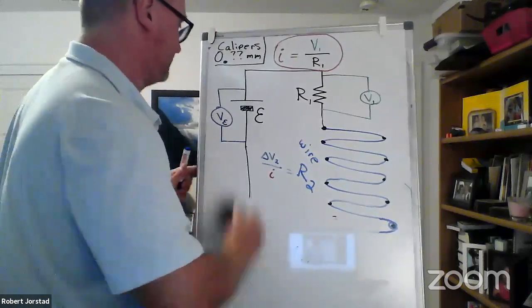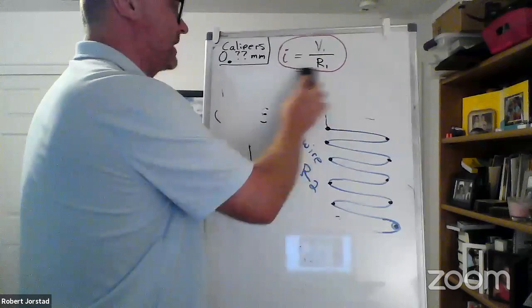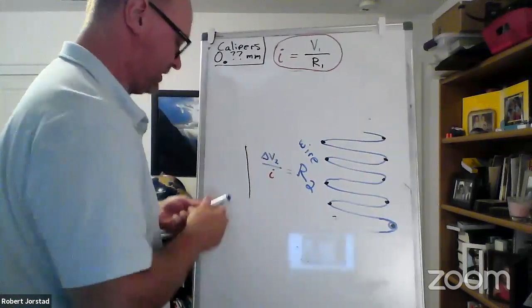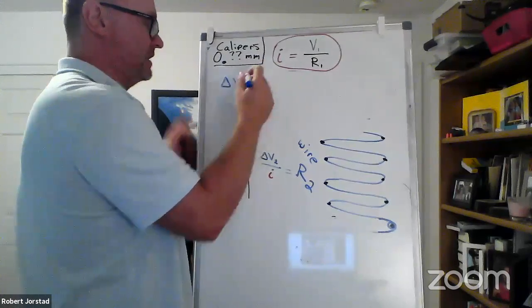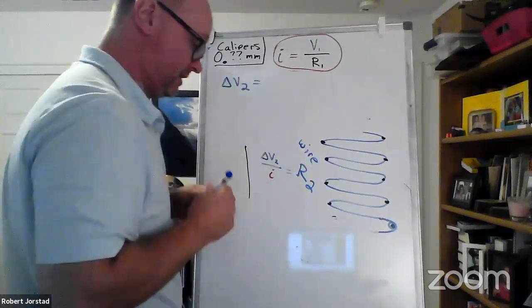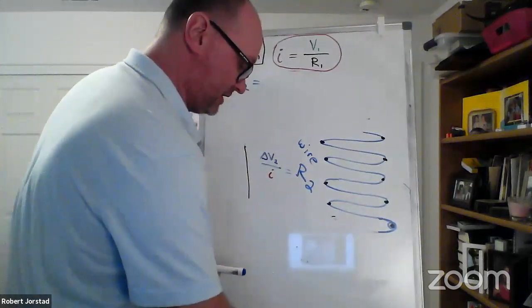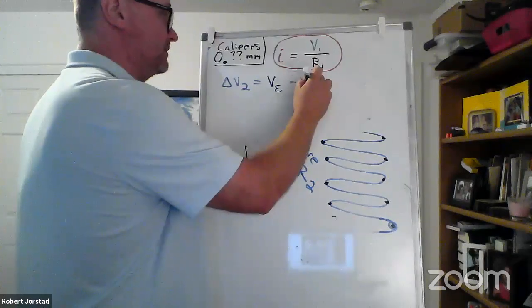We said that was one formula, and we know that delta V2 was equal to, what was it, voltage E minus voltage 1? Yeah. I think that was the color coding.